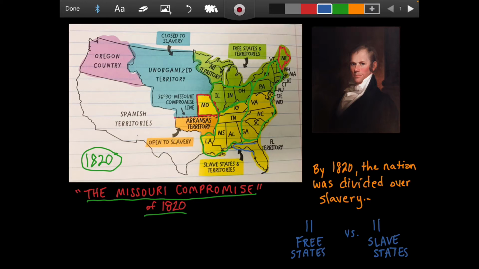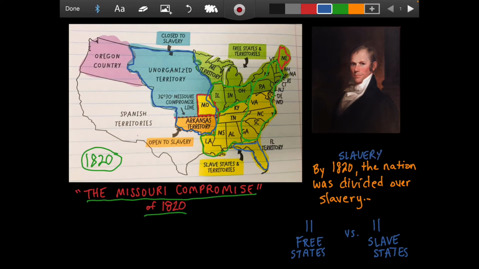We have the Florida territory down here, and we have what was the Louisiana territory over here. And these territories are going to eventually develop into states. But we have a debate going on in 1820 in the United States about slavery.